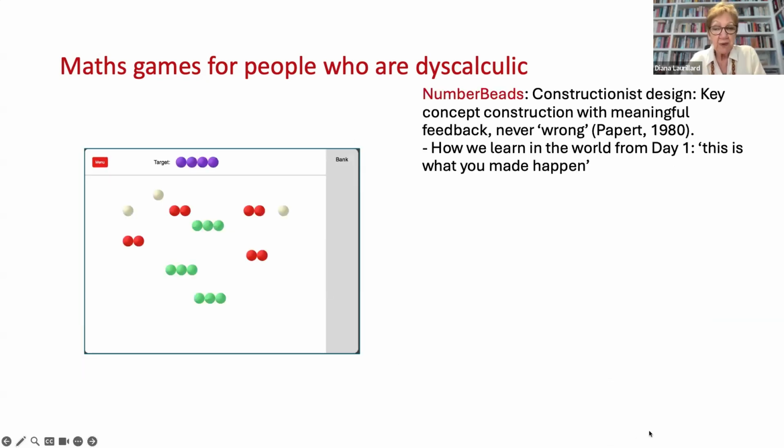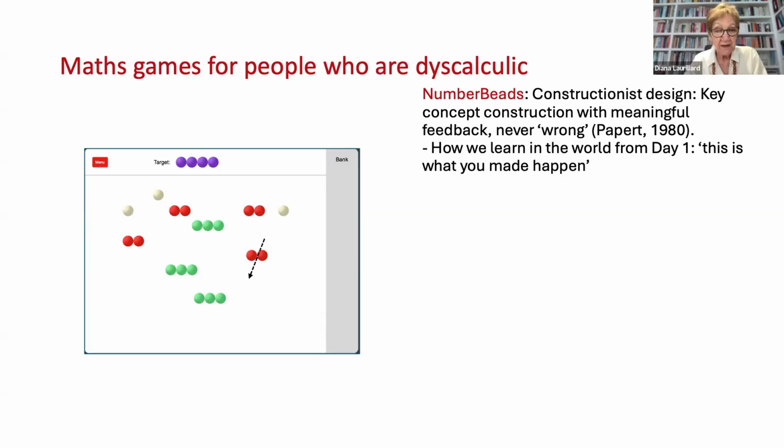This is a game called Number Beads. It's built by constructionist design, which means the key concept of construction is you act on a world and you get meaningful feedback on what you made in that world. And essentially, that's what Papert was talking about, Seymour Papert, who invented Logo back in the day.